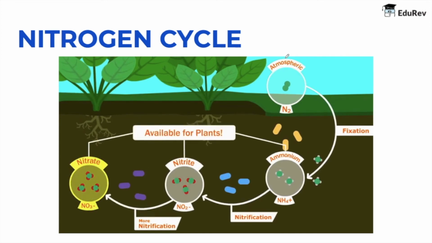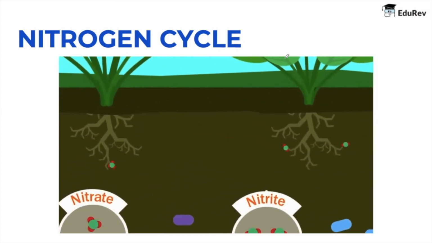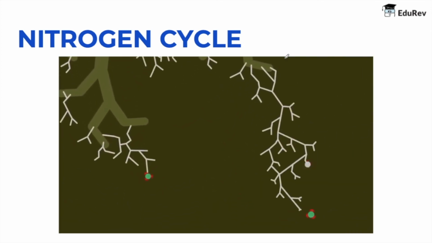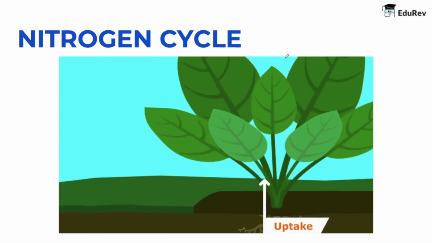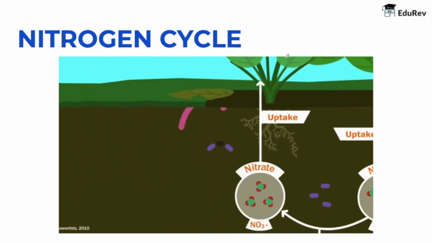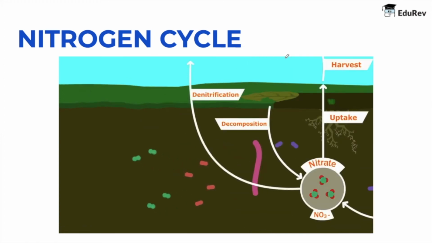This form is nitrate. The bacteria convert the atmospheric nitrogen into nitrate form, which is absorbed by the plant roots. Likewise, when the plants decay and the leaves fall on the soil, they return the nitrogen back to the soil by the process known as decomposition. I hope you understood this.